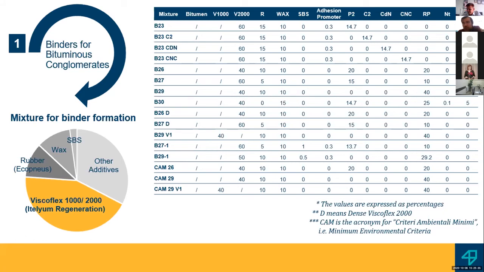They are cellulose byproducts, derived from some industries, waste papers and so on. RP and NT are other natural additives that I used. In particular, RP and NT is used only in one formulation as well.